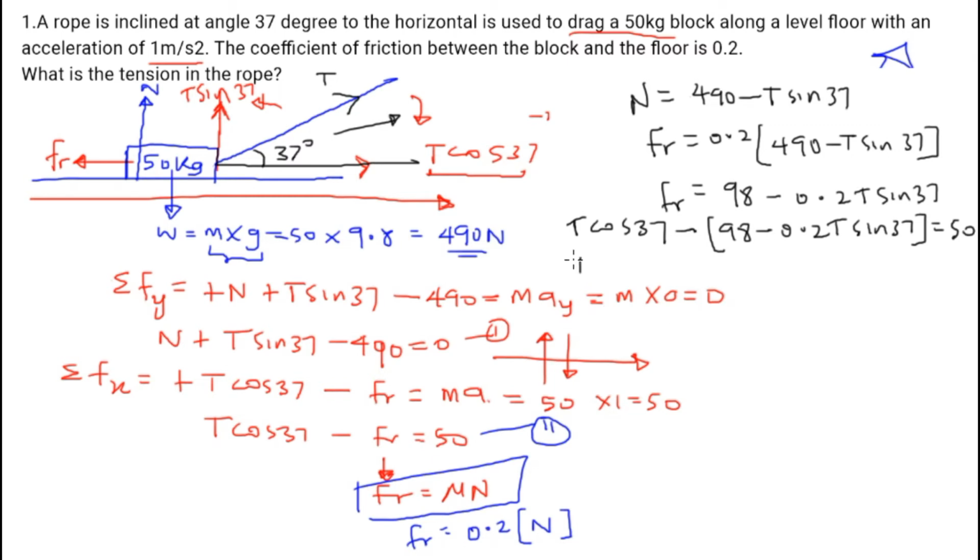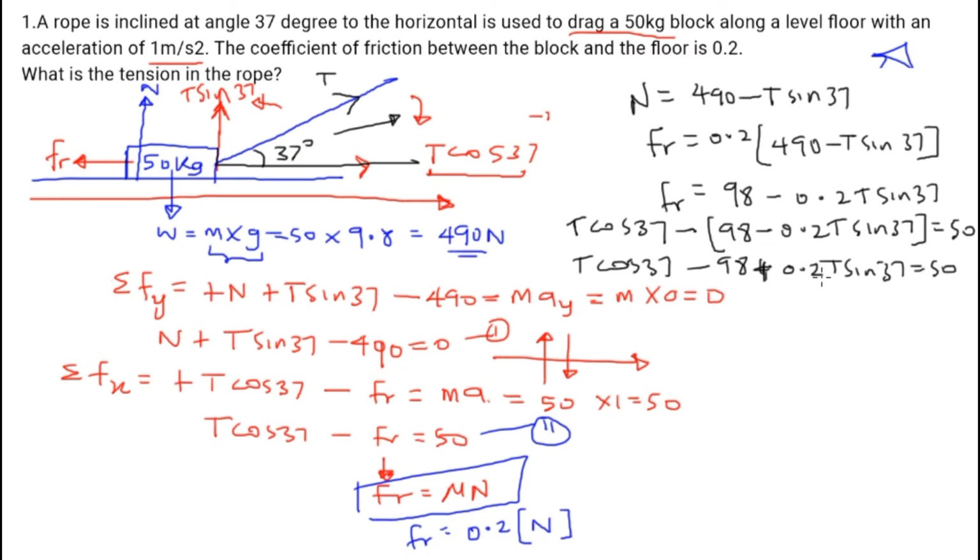Upon distribution of the minus sign, minus multiplied by minus becomes positive, then 0.2 T sine 37 is equal to 50 as well.